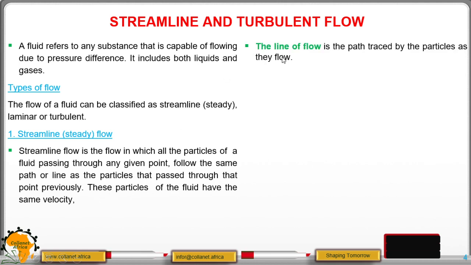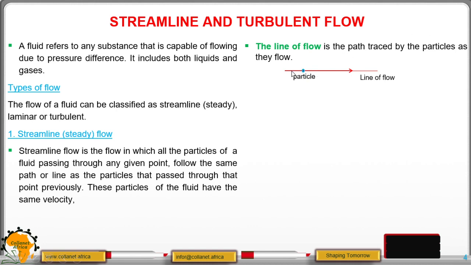So what we mean here, we have what we call the line of flow, and this is the path that a particle follows as it moves from one point to the other. If this is a particle here and it moves toward this side, it will follow a certain path, and that path is what we call the line of flow.